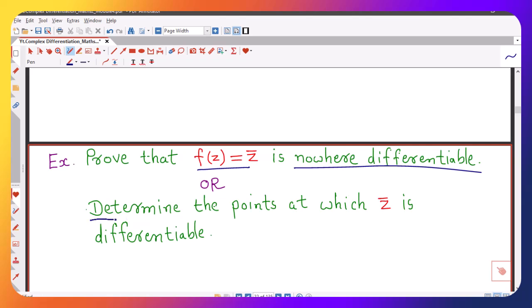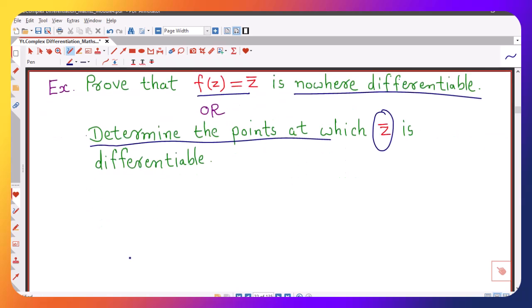They can ask in this way also: determine the points at which function z bar is differentiable. And as we have discussed in earlier lectures, we are going to use Cauchy-Riemann equations to prove that z bar is nowhere differentiable. So first step is we have to find out real and imaginary parts of given function.